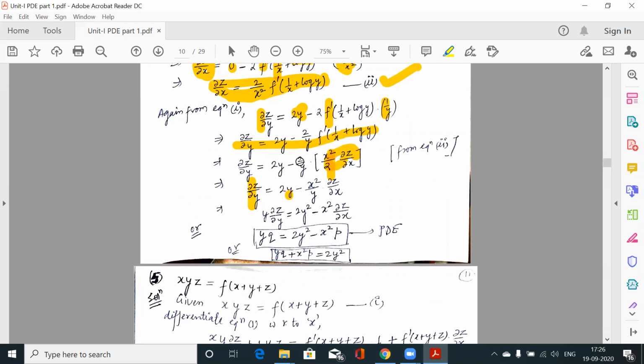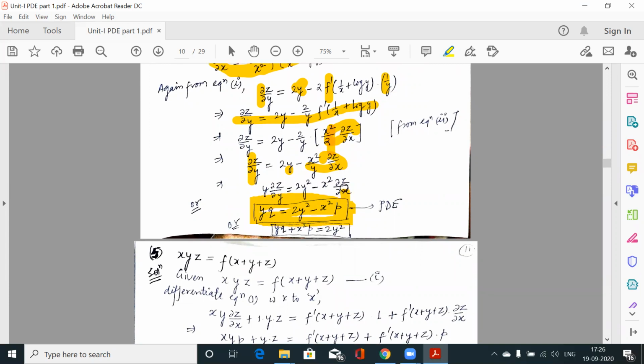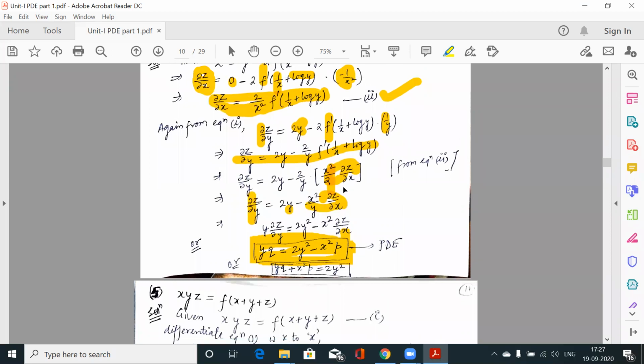I have multiplied 2y over y inside this bracket, so 2 will be cancelled by 2, x square by y del z over del x. Making the simplification, yq is equal to 2y square minus x square p is our PDE. This is our PDE because it includes a derivative and it is free from the given arbitrary function f.